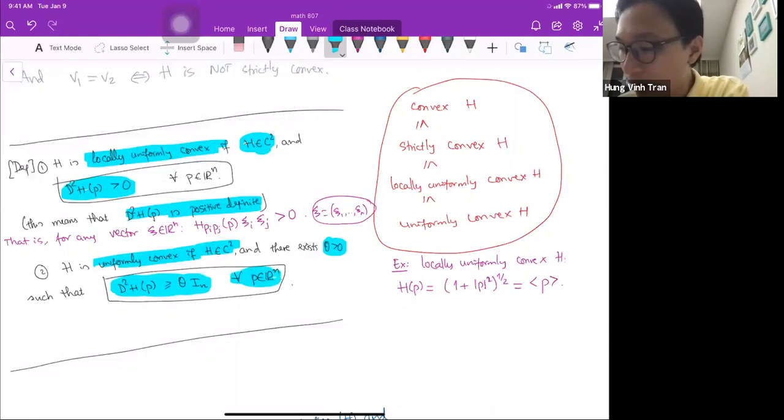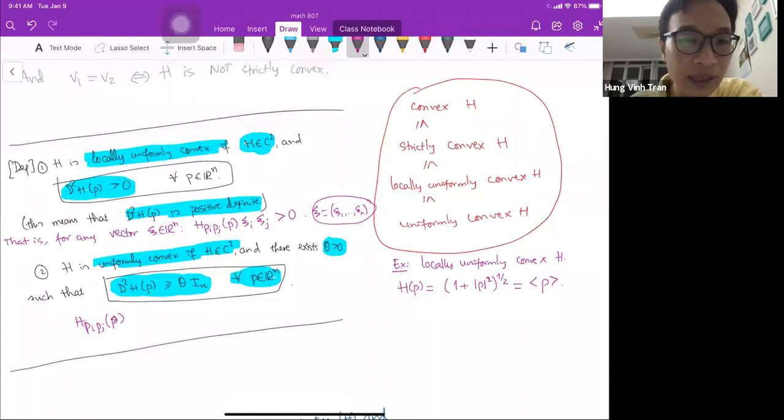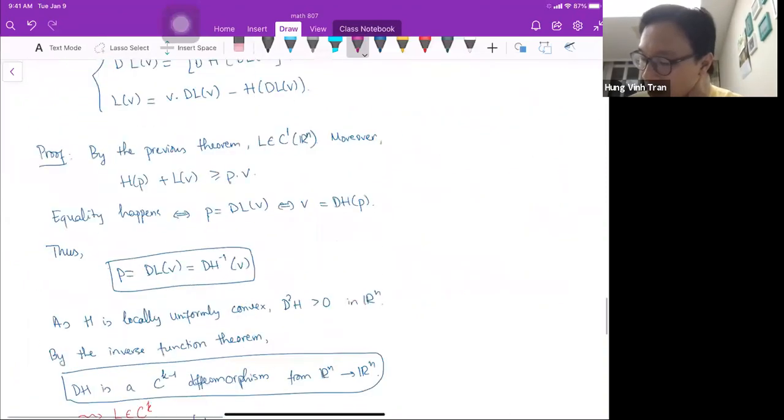Or you can write it in a more analytic way, using the Einstein summation convention, so repeated indices like i and j mean that I'm summing over i and j: H_{p_i p_j}(p) C_i C_j is greater than or equal to theta times |C|^2. Okay, good.